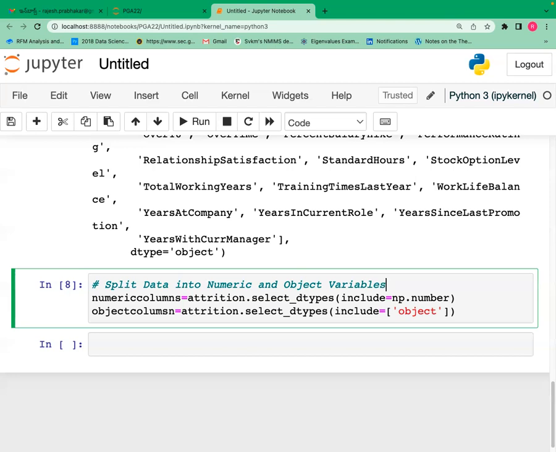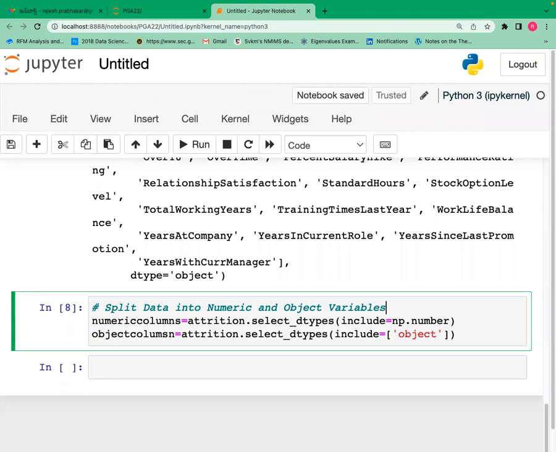Now we have to separate them. In the numeric data, whichever columns are categorical, we have to separate them.